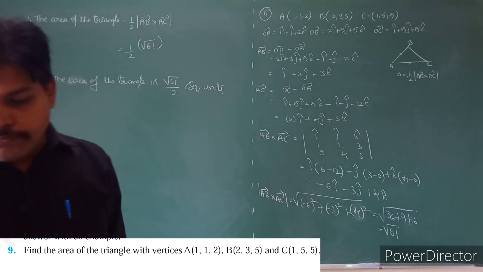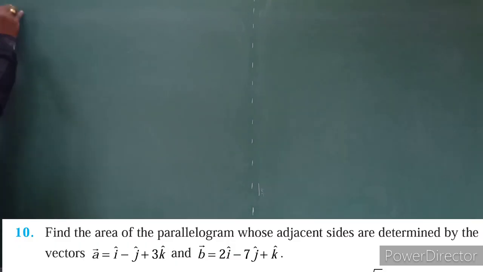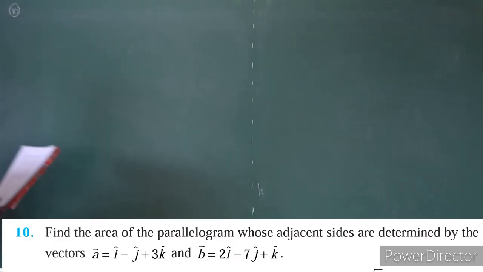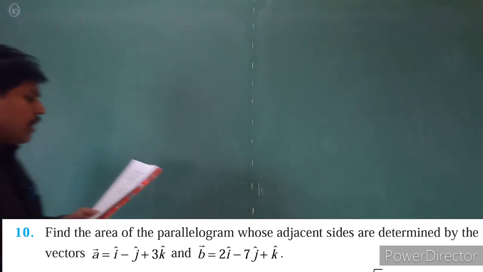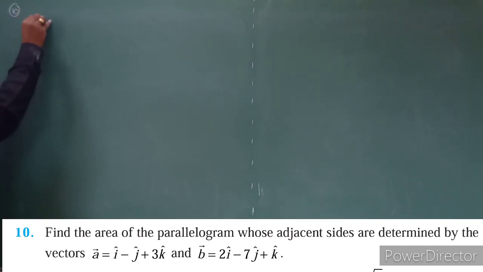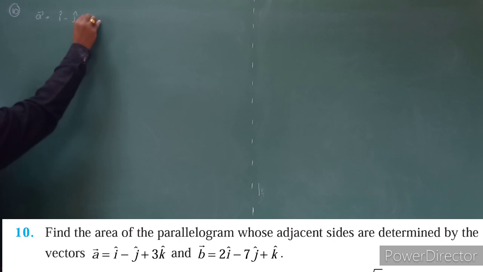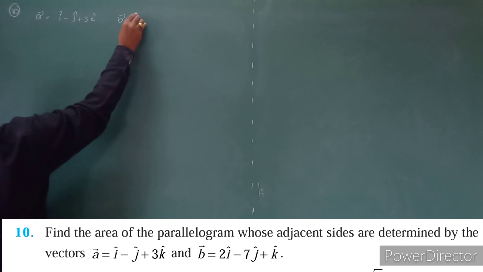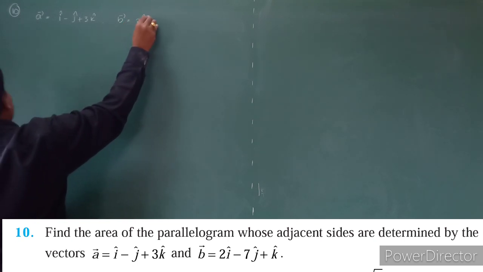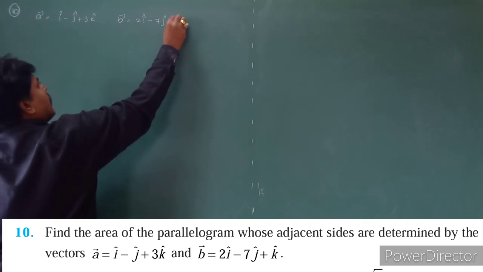Okay, see that one, question number 10. Find the area of the parallelogram whose adjacent sides are determined by the vectors a bar is equal to i minus j plus 3k, b bar is equal to 2i minus 7j plus k.